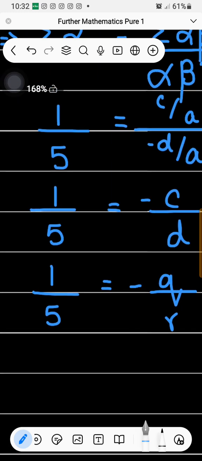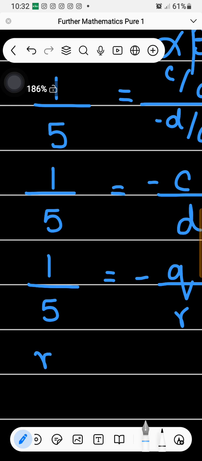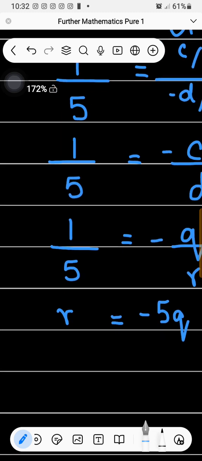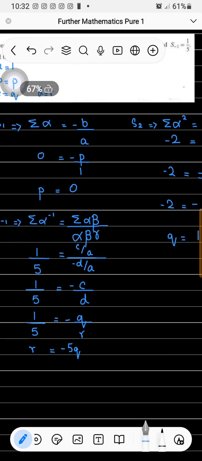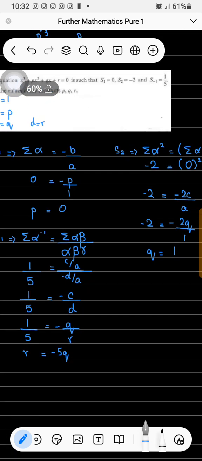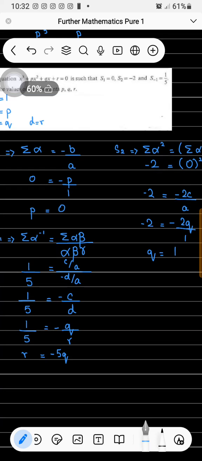So we have to find out r. We will move r towards here and we will write negative 5q. We will find out that q is 1. Q is 1.